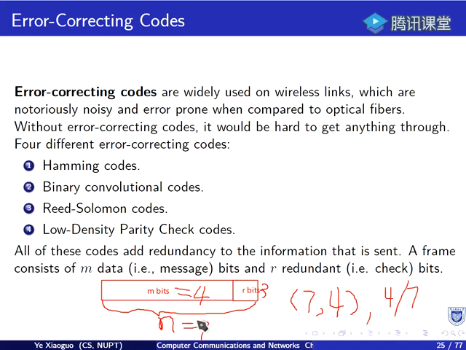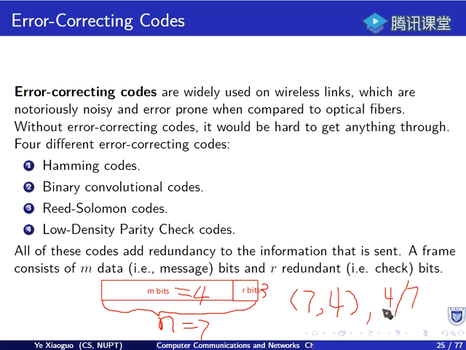That means on the total 7-bit code, only 4 bits are useful for the user. The rest is redundancy information, just for error correcting.